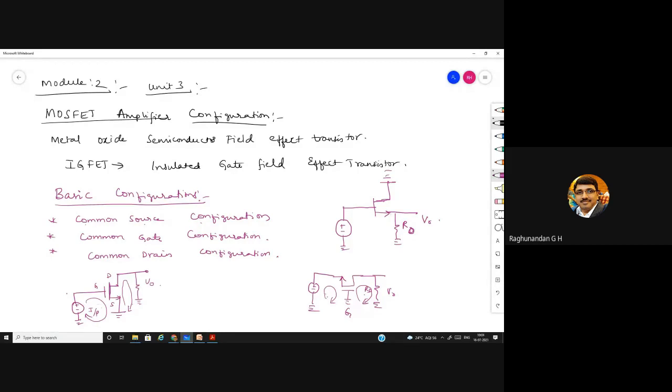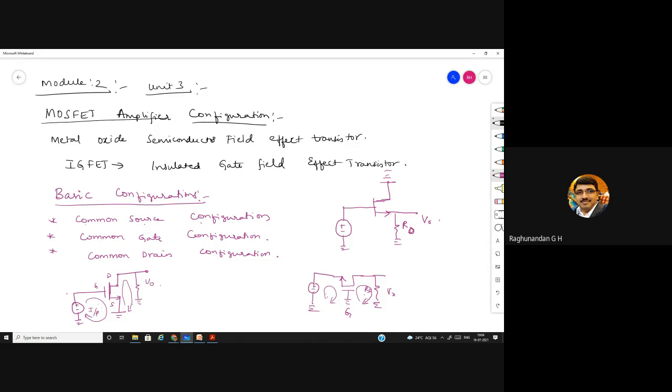Among these, the common source configuration is mainly used for amplification purposes because it has high input impedance and medium output impedance, and it has high voltage and current gain. But one thing, similar to the common emitter configuration, this common source configuration also gives a 180-degree phase shift.